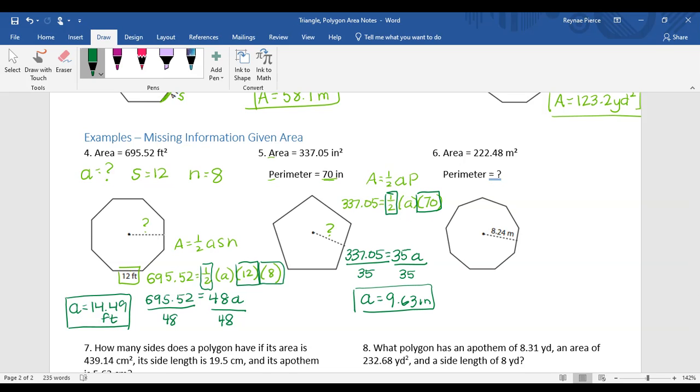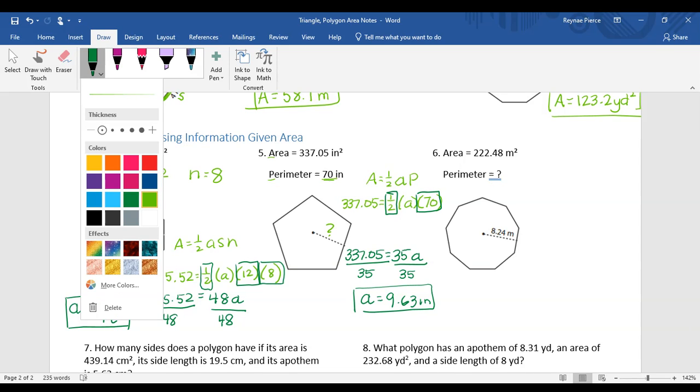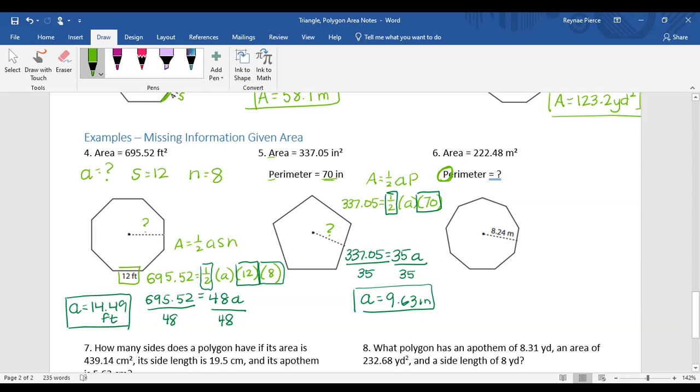Last example here with a picture. I'm looking for my perimeter. I have my apothem. That's 8.24. So again, I'm going to be using 1/2 AP, that equation. I'm going to substitute what I know. I know my area is 222.48. My apothem is 8.24, but I don't know my perimeter.